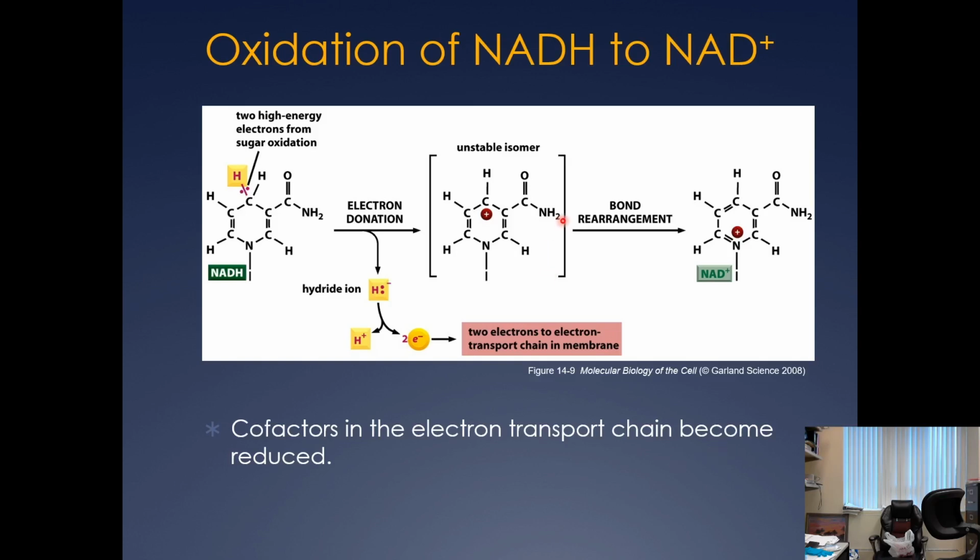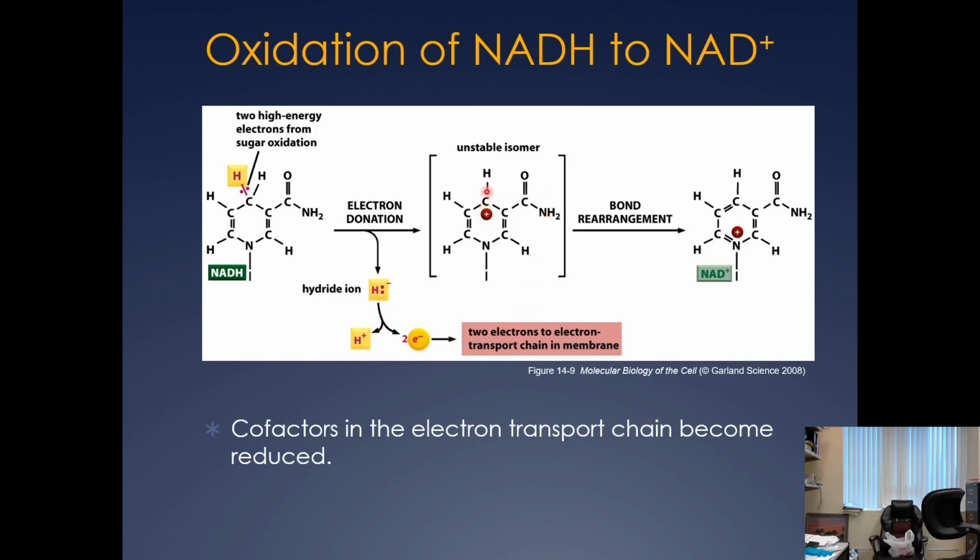But here's the oxidation of NADH to NAD+. Okay, so you have your reduced NADH, and then the electrons are donated, and you basically leave with a hydride ion first and then protons, okay? And these 2 electrons go into the electron transport chain in the membrane.